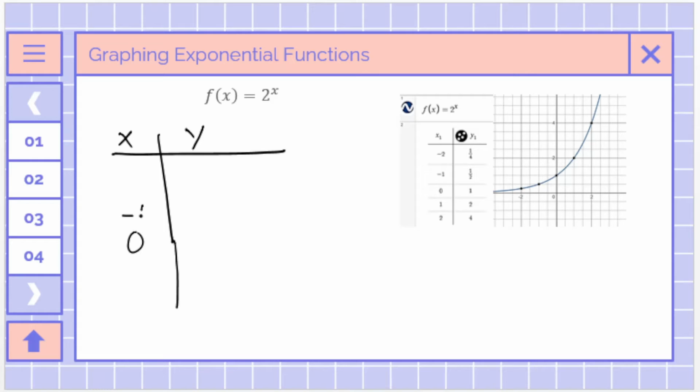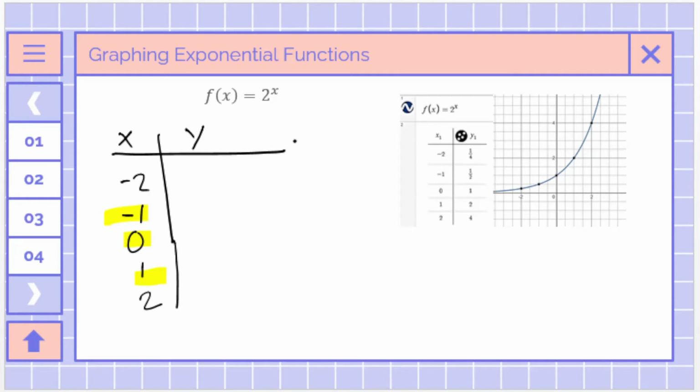So we have 0, -1, then -2, then 1 and 2. You can also use just -1, 0, and 1 if that's only the required points. But if the instruction said that you should have 5 points, then you should consider having 0, -1, -2, 1, and 2 as your points. Okay?